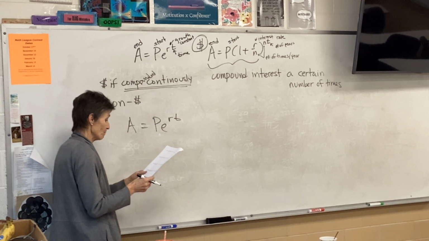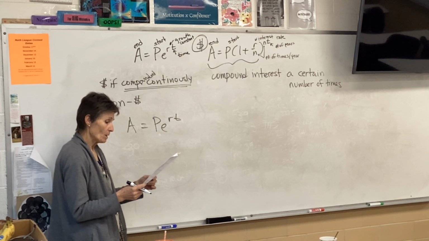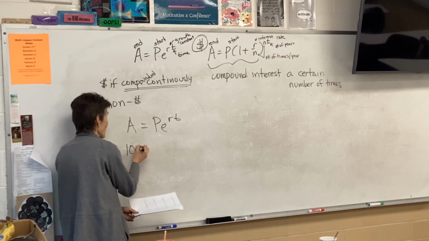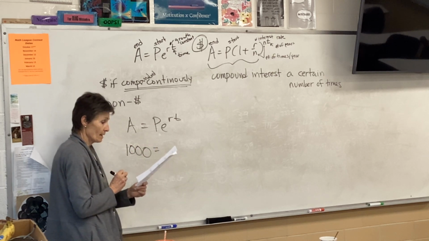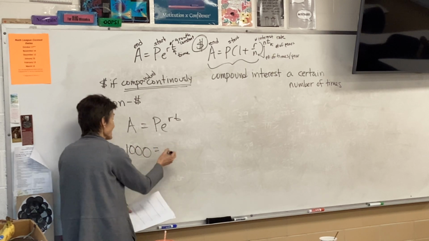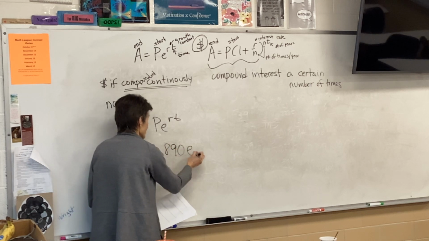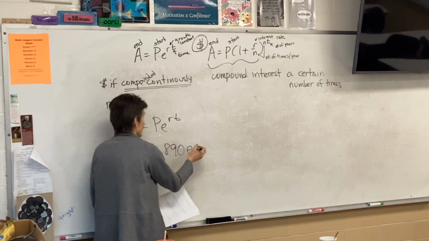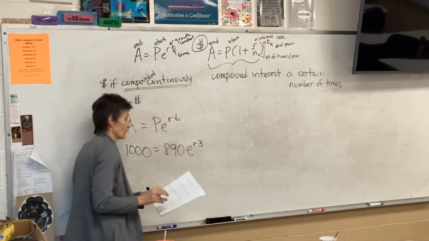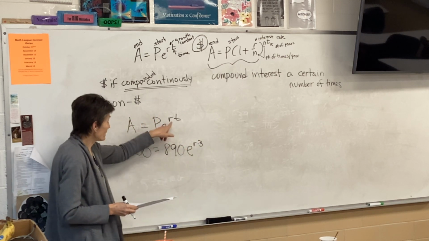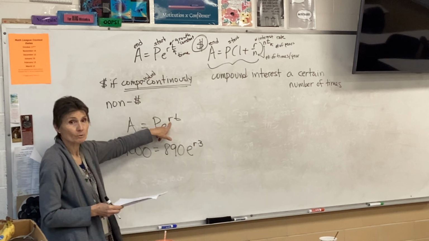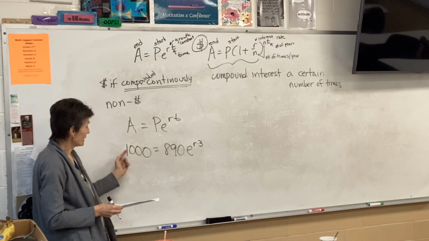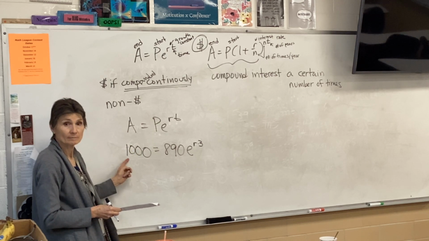What interest rate will be required to end up with 1,000 if 890 is initially deposited for 3 years? So what interest rate, that's my unknown, I'm going to wait 3 years. I'm going to start with 890 and end up with 1,000.